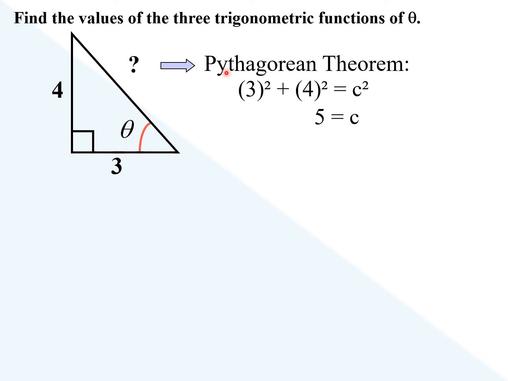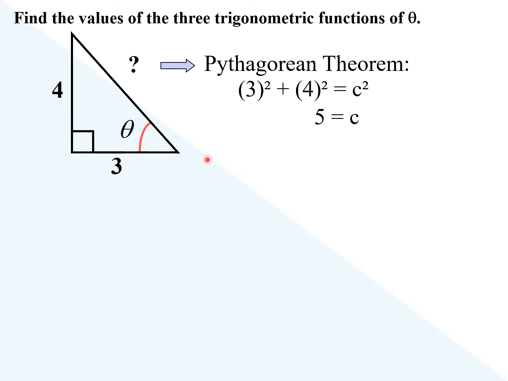So in here, if the hypotenuse is missing, we are just going to add the squares of the two legs and then get the square root. So 3 squared is equal to 9, 4 squared is equal to 16, 9 plus 16 is 25, and the square root of 25 is 5. You learned this one in your grade 8, so it's not a difficult task for you to determine the missing side.